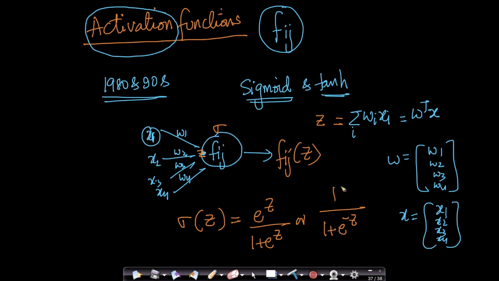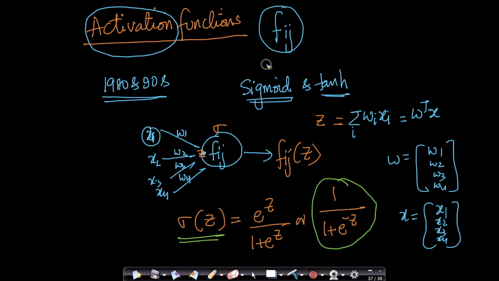If you recall our logistic regression, this is what we use there to squash the inputs. If you've forgotten, please go back and revisit the logistic regression chapter. This is exactly the sigmoid function that we used in logistic regression.